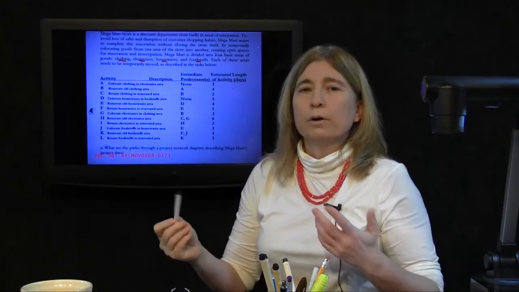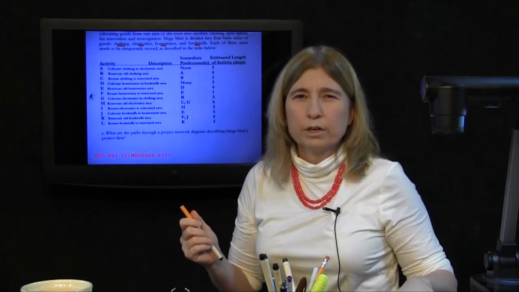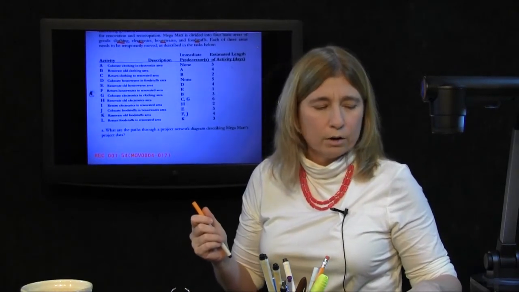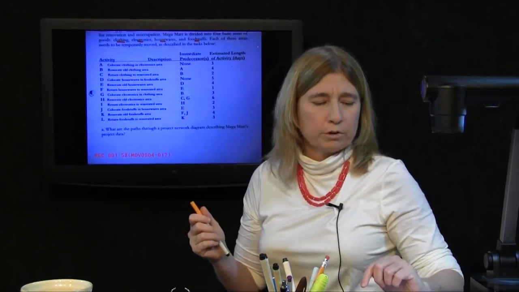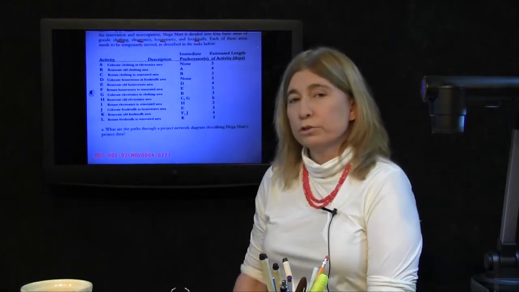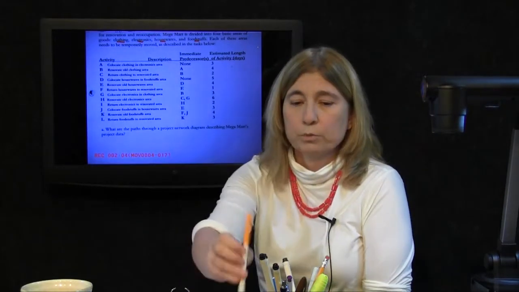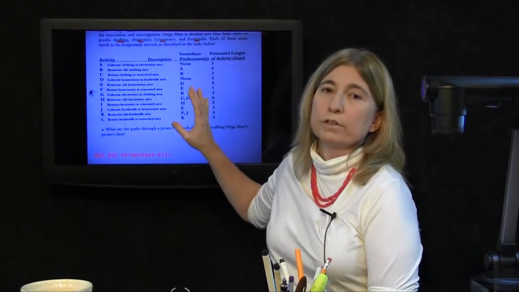Right away, it starts asking questions. What question are we going to tackle right now? It says, what are the paths through the project network diagram describing Mega Mart's project data? Well, in order to answer that question, we have to draw the network illustration of all of these tasks.